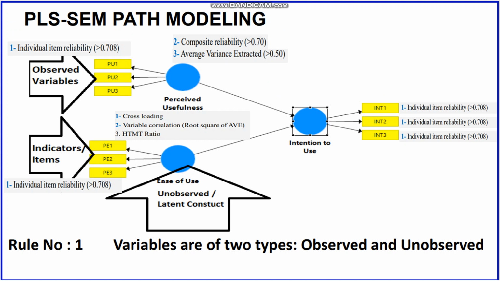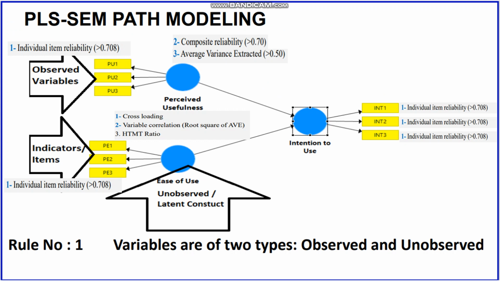But when you talk about cross-loading, average variance extracted and the HTMT ratio, you are supposed to calculate these criteria across the constructs. The difference between the constructs is measured through the discriminant validity criteria, and whether these constructs are similar or different we can ascertain using cross-loading, the Fornell-Larcker criterion and the HTMT ratio.